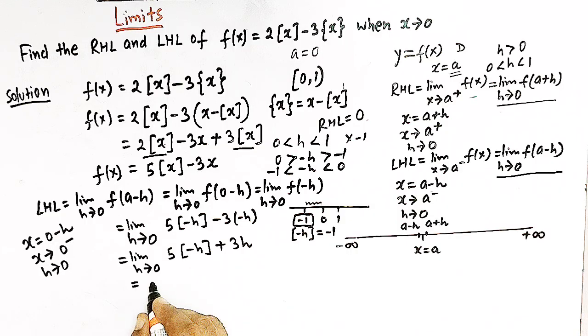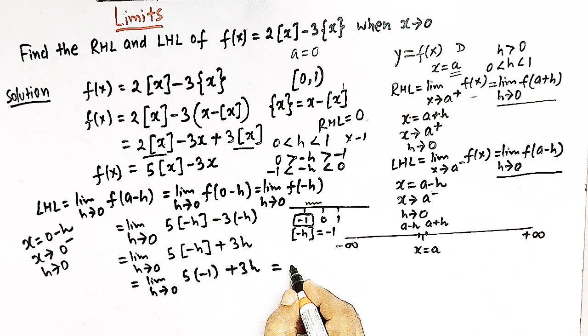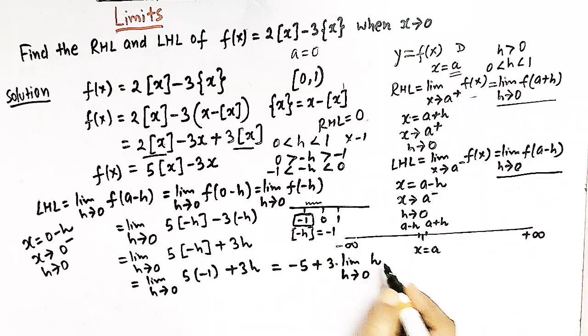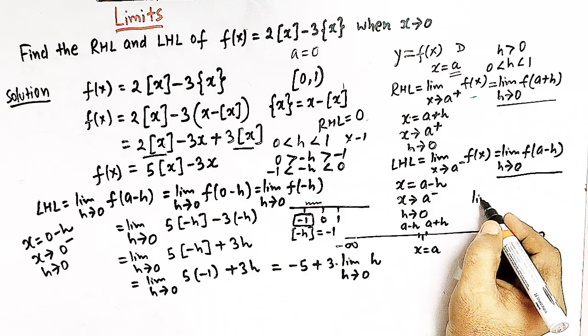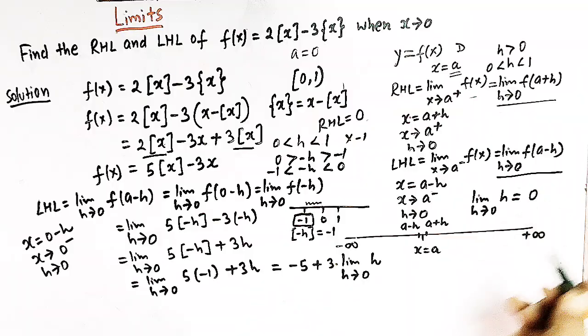So we now have limit h tends to 0, 5 times -1 plus 3h. We can write -5, and then 3 times the limit h tends to 0 of h. The limit as h tends to 0 of h is equal to 0.